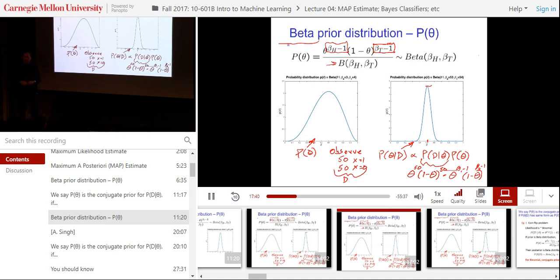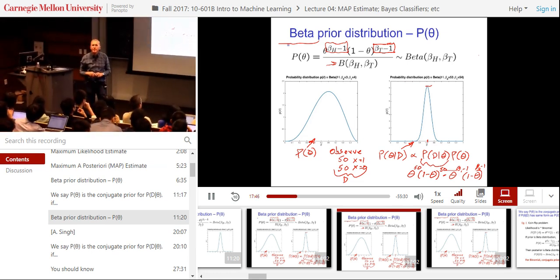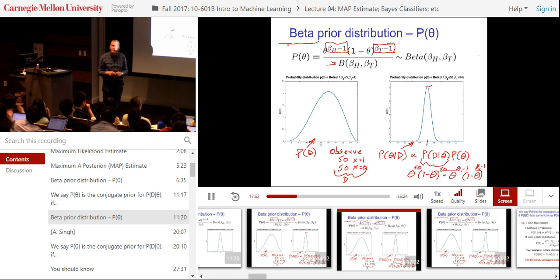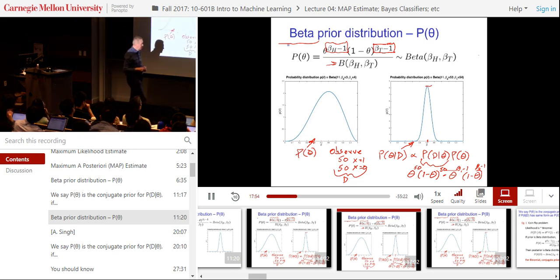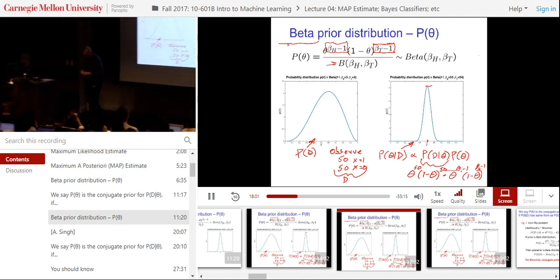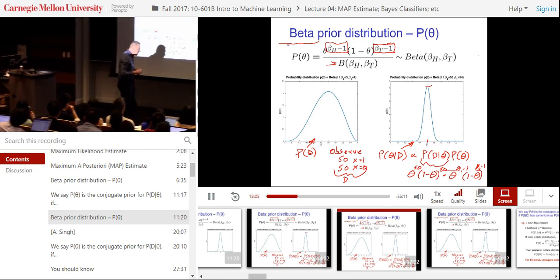Yes? So if we observe a data set where we have, let's say, 50 heads and 50 tails, should the probability of having 50 heads be theta to the 50 times 1 minus theta to the 50 and times the number of permutations in which you can have 50 heads and 50 tails? That's good.